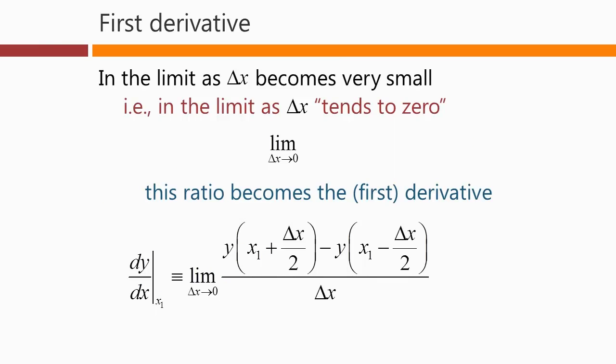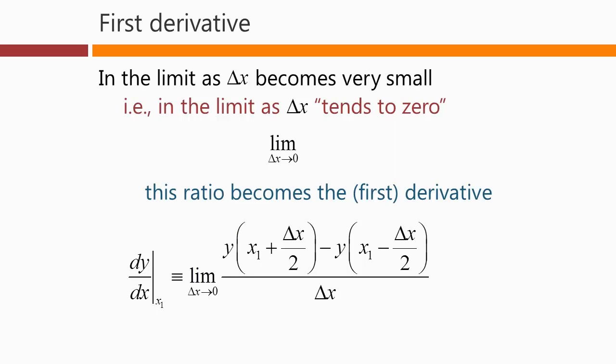So what we say is that in the limit as delta x tends to 0, and that's how you read this symbol here, we're not saying it becomes 0, we're just saying it becomes as small as you like, as close as you like to 0.